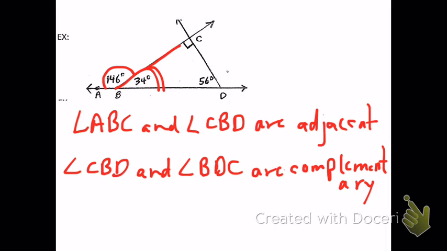Everybody got it? Okay. Then we've got angle ABC and angle. What angles would be supplementary? Yes. Angle CBD. Yeah, the same ones we named for adjacent. Angle ABC and angle CBD are supplementary.